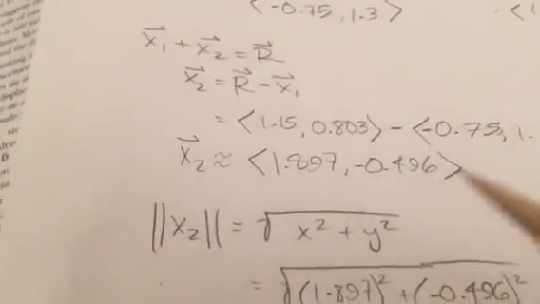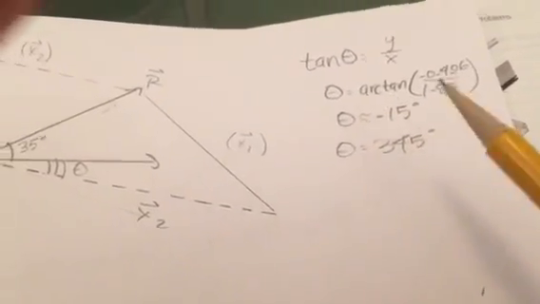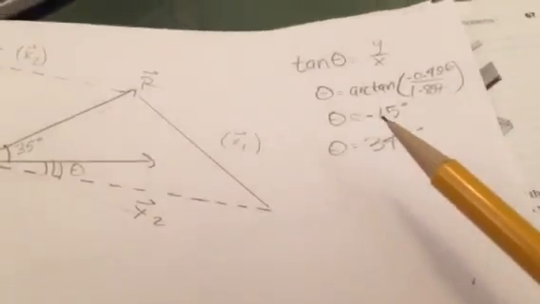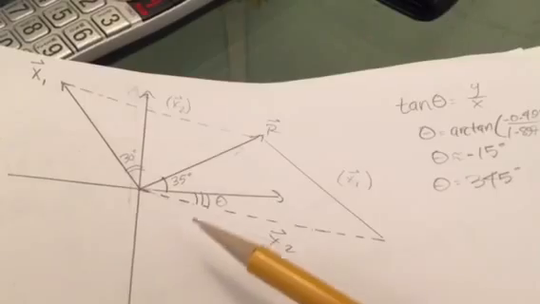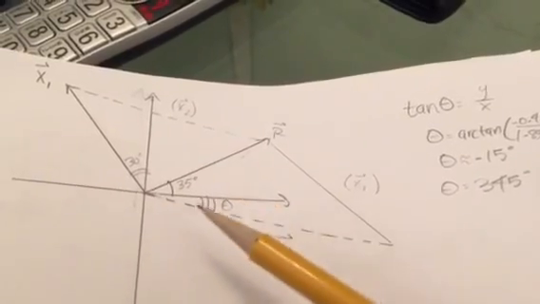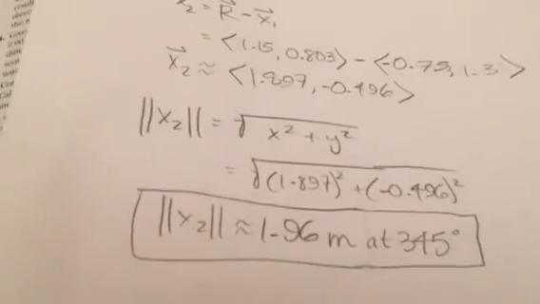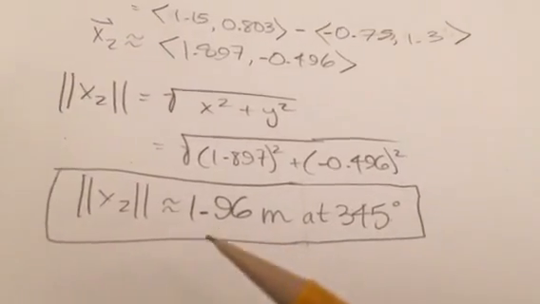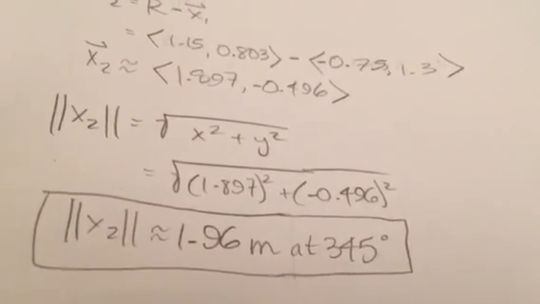And if you remember, it's right here. Just a little reminder. And when you substitute and solve, you get negative 15 degrees, which in a clockwise fashion is 345 degrees. So x2 is approximately 1.96 meters at 345 degrees.